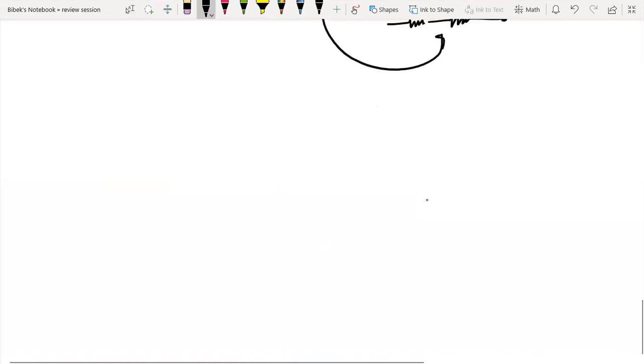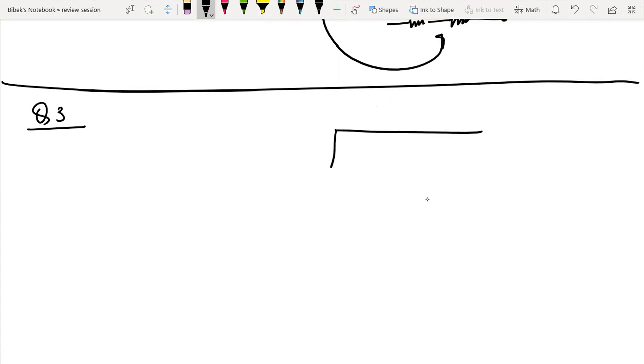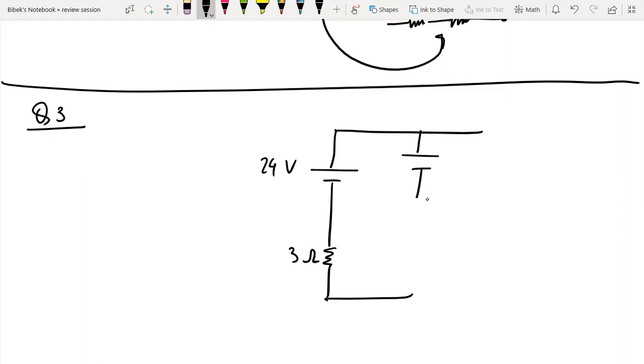How to do it? Okay, let me draw that. Let me draw the diagram first. So you have a battery that's 24 volts. You have a 3 ohm resistor. You have another battery here.